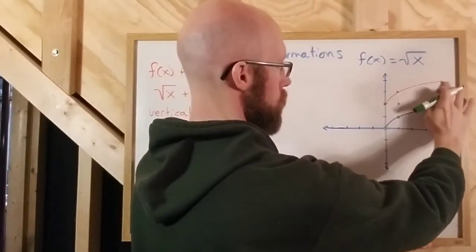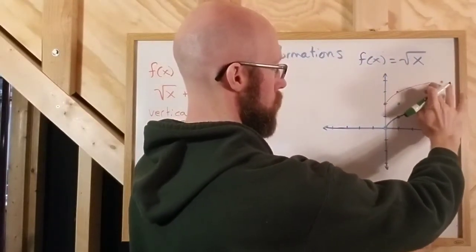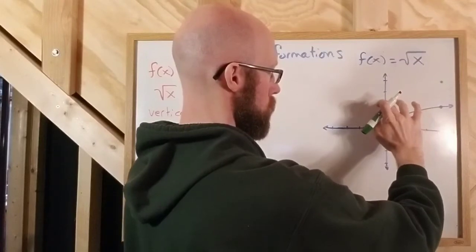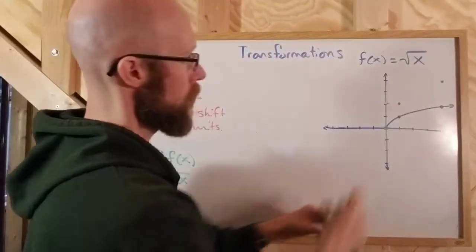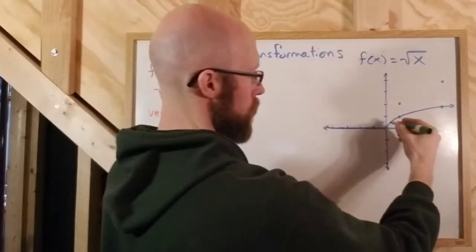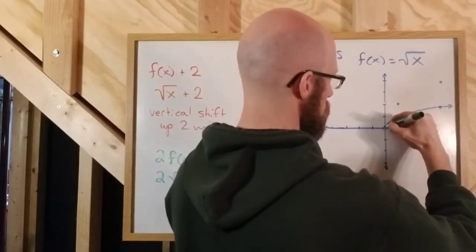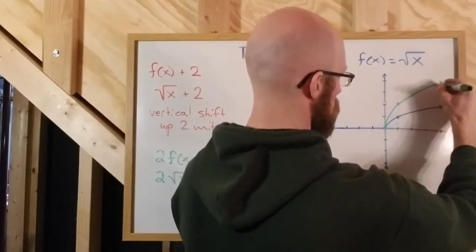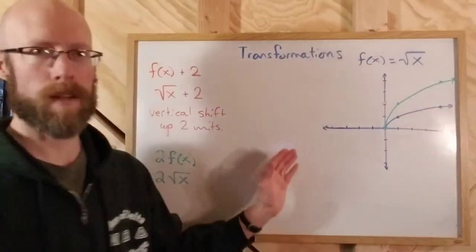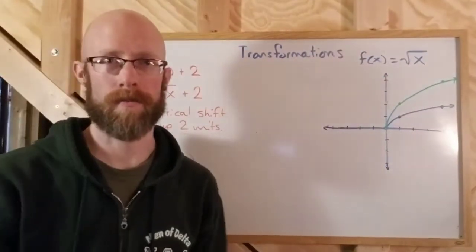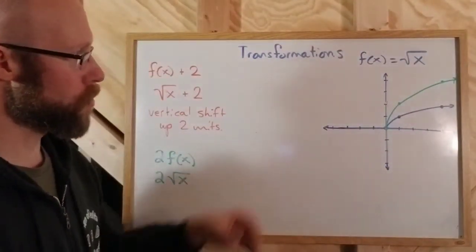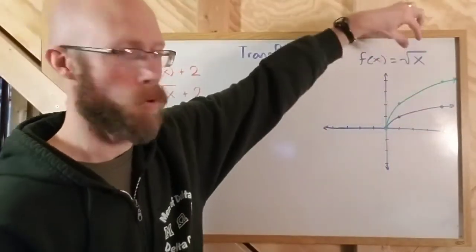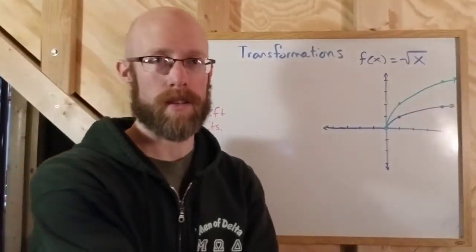And I'm going to go ahead and get rid of this prior red graph here just to free up some space. And what you end up with is a graph that is now much taller, right? It's kind of going up faster, all right? And so what we've done is we've stretched the points away from the x-axis.